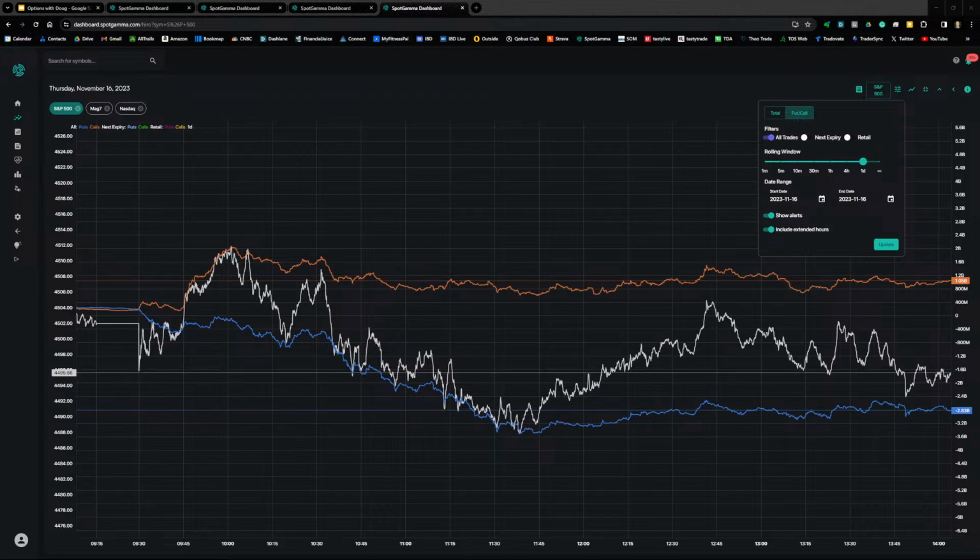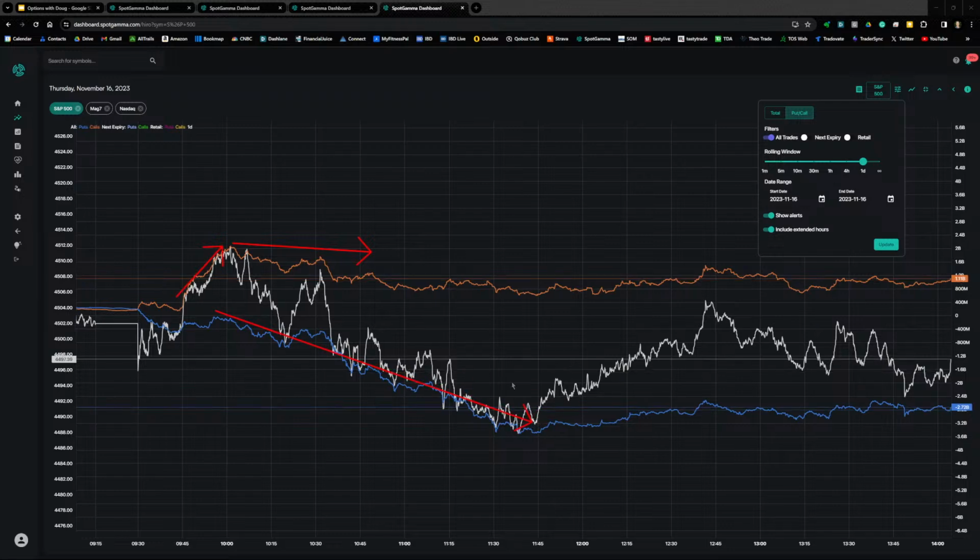So when you separate out puts and calls, you can see that traders were initially buying calls. They took their foot off the gas right at 10. That line levels off. And they're buying puts. That's shown by the falling blue line. So clear shift from buying calls to buying puts as price moves up.